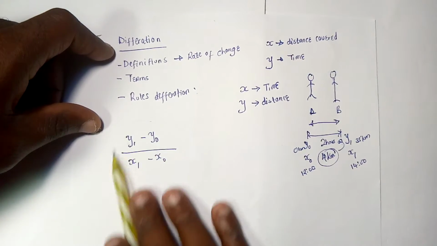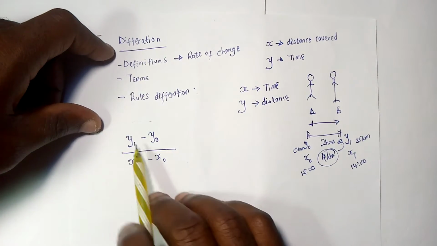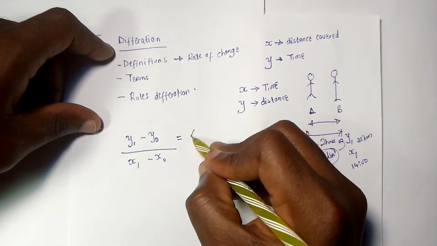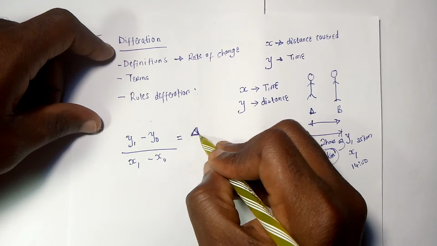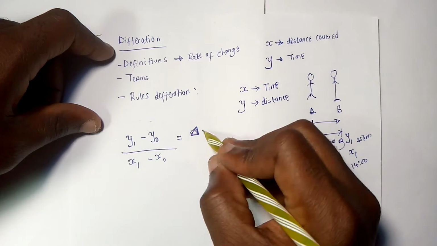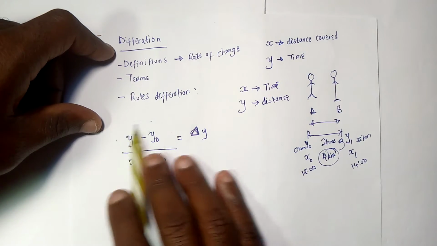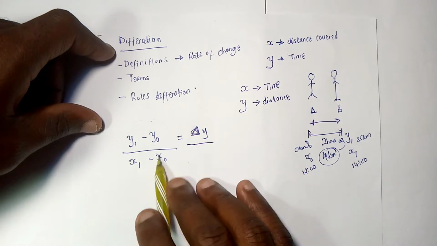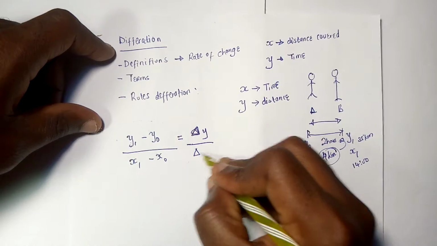So when you look at it the way it is, in mathematics we usually represent the final minus the initial as a change, and it is denoted by this Greek symbol known as delta, just a triangle. So for this one you can easily write delta y, which means a change in y, and the denominator can also be written as a change in x.